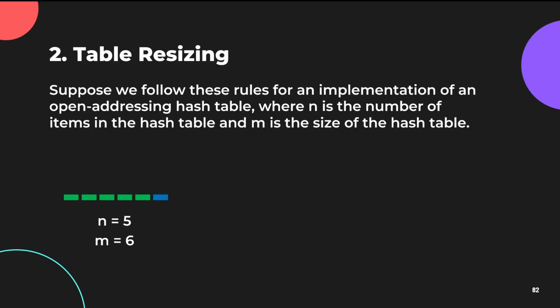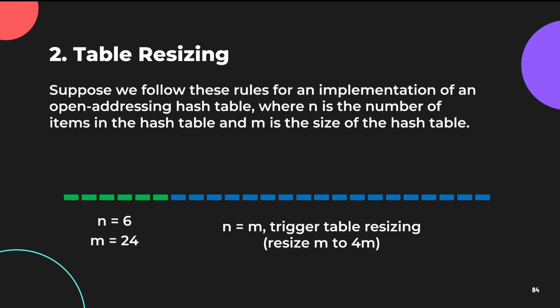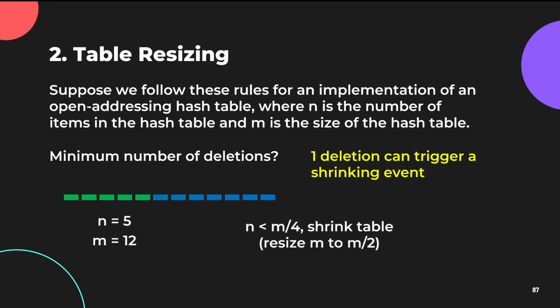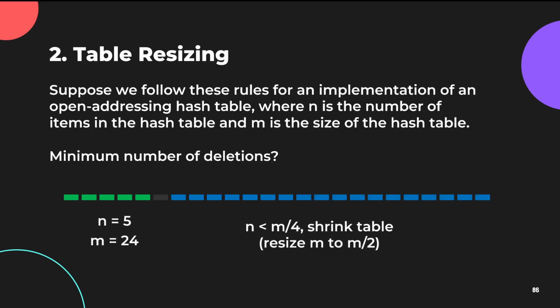Now is there a better way of saying this? Shrink and grow, okay. If I shrink then grow, how do I do that? In this case, say my m is large here. If I shrink this, initially n is 6, then m is 24.